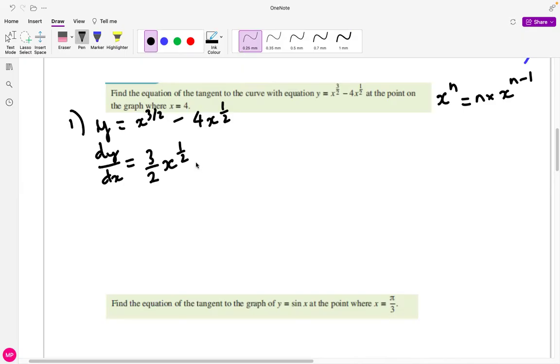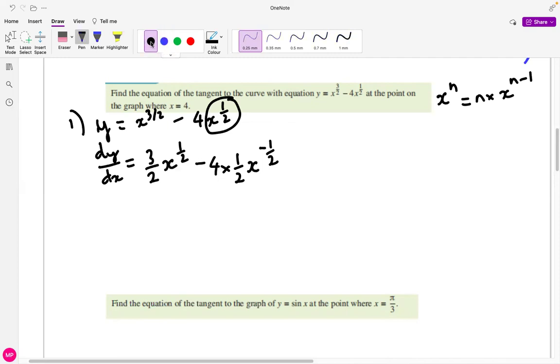Now you do the second term, which is minus 4 times the derivative of x to the power 1 half. You use the same formula. You bring n to the front, n is 1 half, times x to the power of 1 half minus 1, which is negative 1 half, like that.